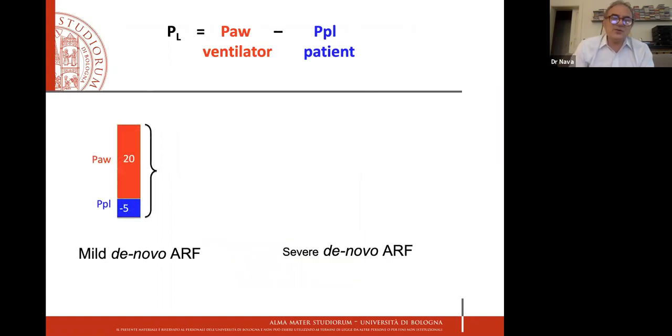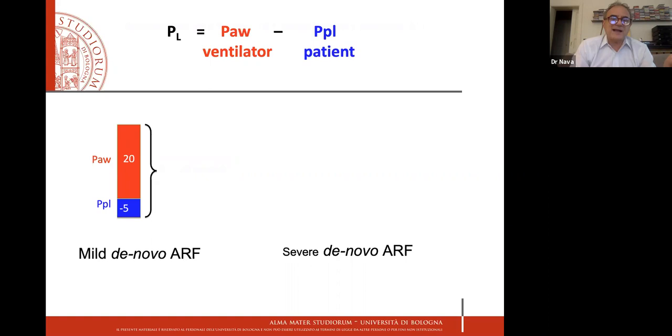You always need to keep in mind one thing, the importance of transpulmonary pressure. Transpulmonary pressure, to make things easy, is the sum, because pleural pressure is negative, of the pressure that you apply on the vent and the pressure the patient is developing with the inspiratory muscle.